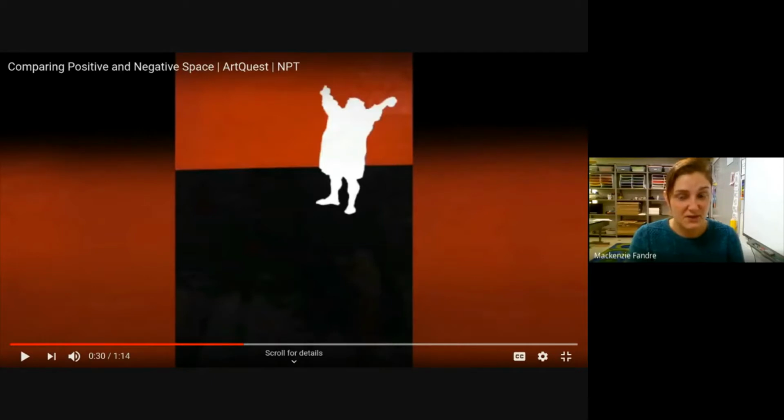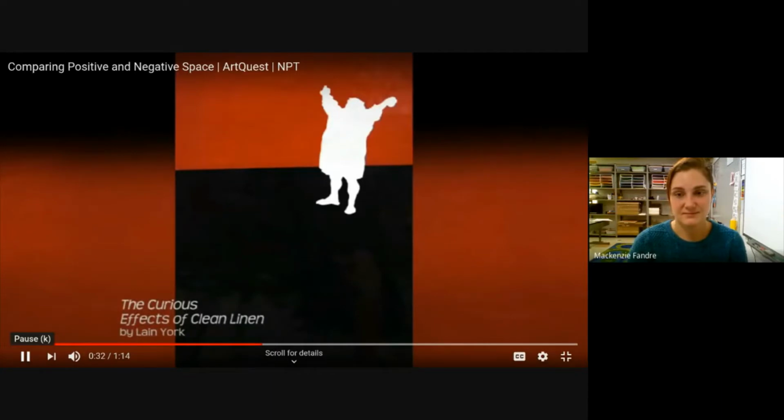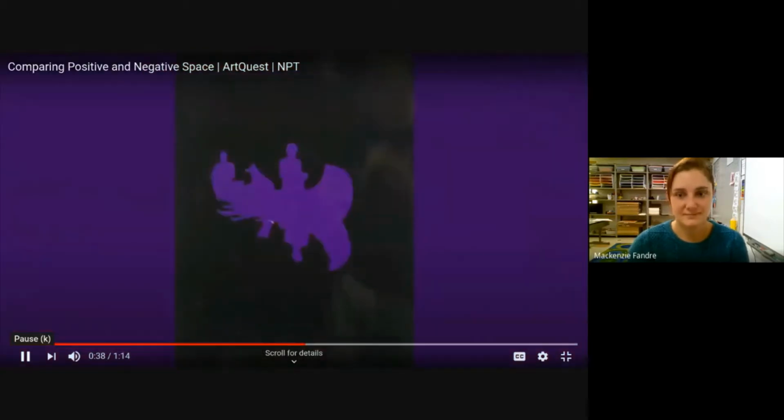So if you look at this one here, can you guess what the positive shape is? And what's the negative space? In the curious effects of clean linen, the man stretching is the positive space, and everything around him is the negative space. Ooh, this one's kind of tricky. Can you tell what that's a picture of?